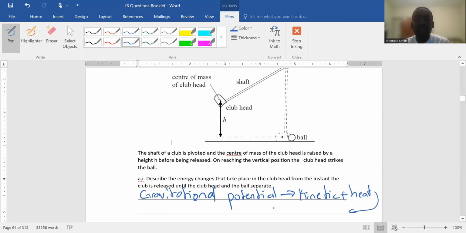And then that goes to elastic energy when it's in contact with the ball, because when the club hits the ball, it's going to compress. And then that compressed energy is what will cause the ball to be released. And that therefore goes to kinetic energy afterwards.